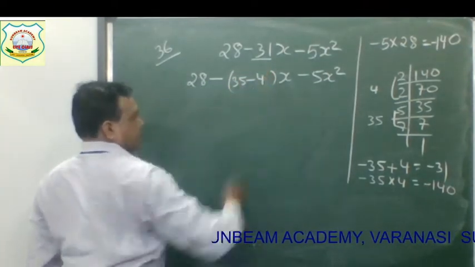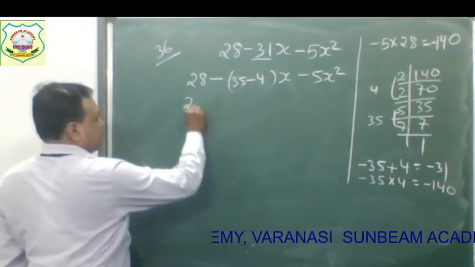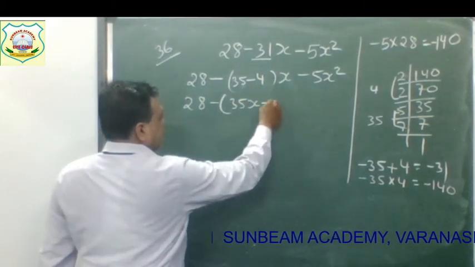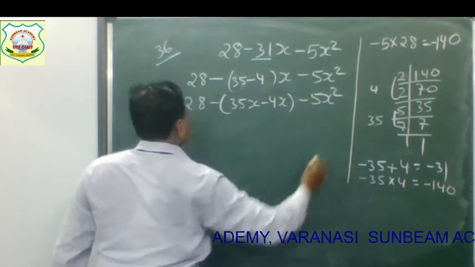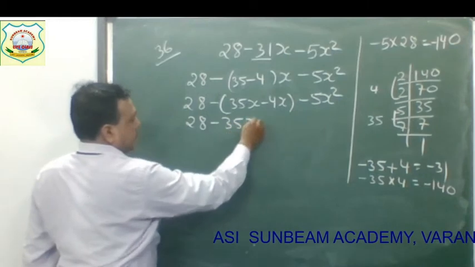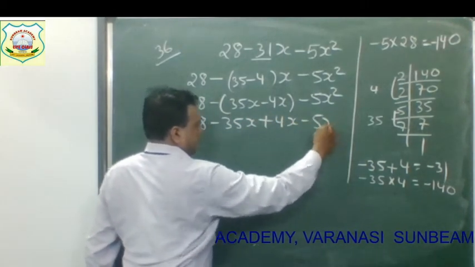In the previous question we told you, students, 28 minus 35x, x will multiply minus 4x minus 5x square. 28 minus open the bracket 35x minus that is plus 4x minus 5x square.